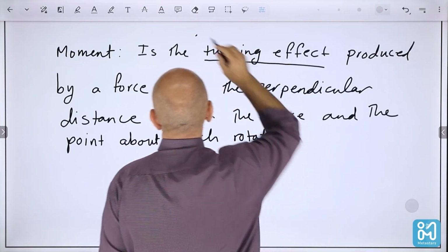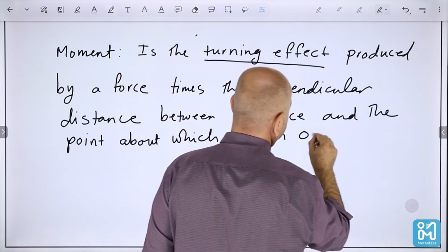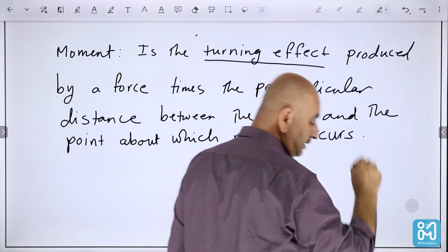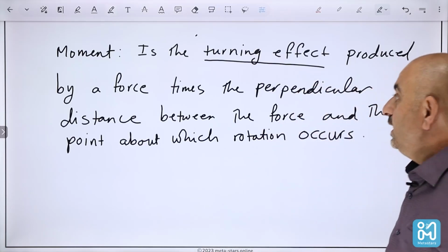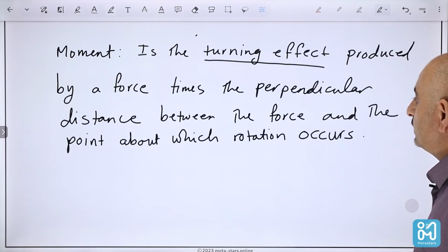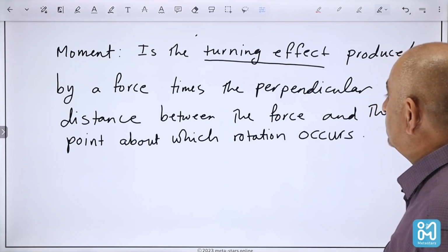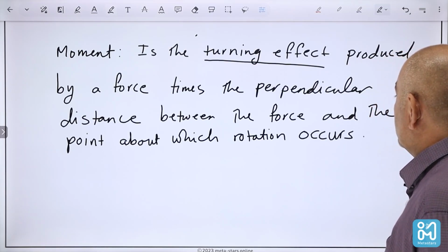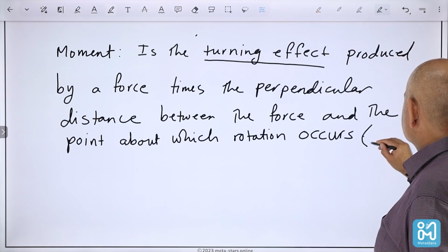Better say occurs. All right, let's take a look at the definition. It is the turning effect produced by a force times the perpendicular distance between the force and the point about which rotation occurs, which we call, this point is called what?